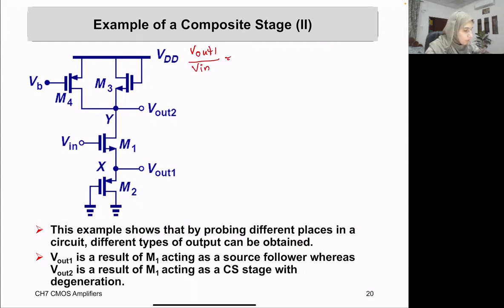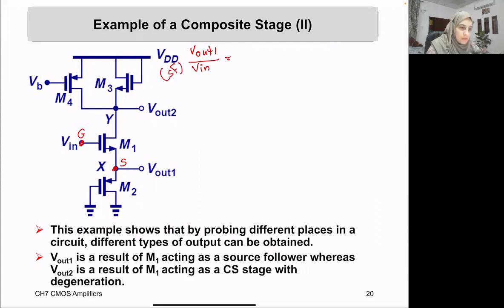Okay, now V out 1, let's see. Vn is basically applied at the gate of the transistor. V out is taken from the source of the transistor. And therefore, this is a case of a source follower. We discussed the general case of a source follower.